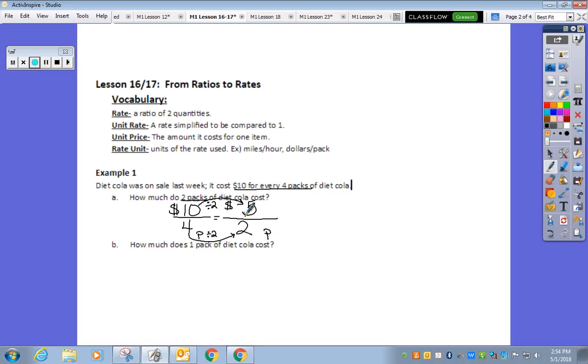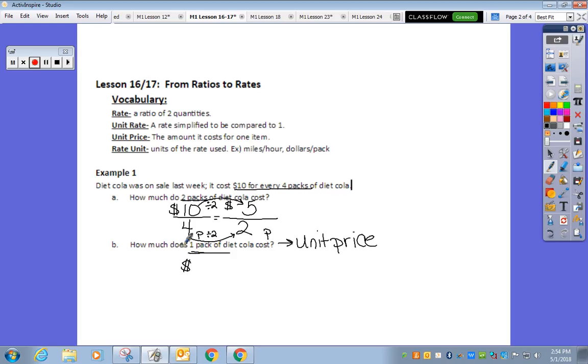Now the next one is asking how much does 1 pack of Diet Cola cost? 1 pack, since it's one item, this is a unit price, how much it is for one. When you're doing a unit price, I highly recommend putting your money in the numerator of your fraction and the item in the bottom. So I'm going to go back and use this original just because if I make a mistake here, I don't want to make that mistake continuously through the problem.